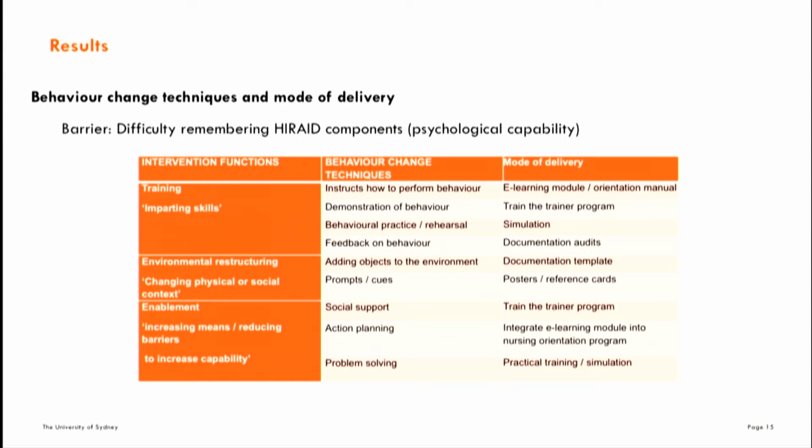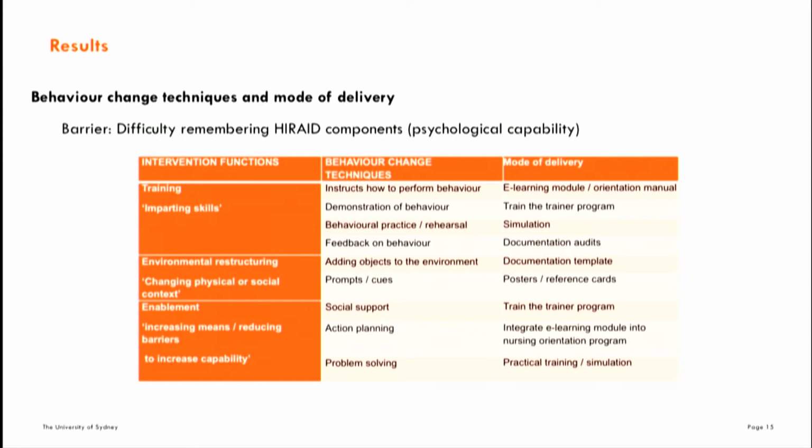One of the barriers that we identified was the difficulty to remember the HIRAID components. Now this is keeping in mind that the nurses who reported this barrier only had 4 hours of education. And so training was identified as an intervention that was likely to be effective, and we thought that was quite feasible in the clinical setting and cost effective.